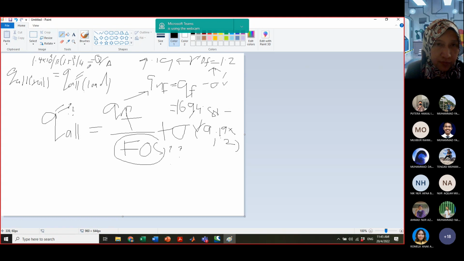Okay, sekejap. Maknanya Q over A tu lah kan, you dapat macam tu kan? Okay, unit dia adalah kilo Newton per meter square, ke Newton saja?